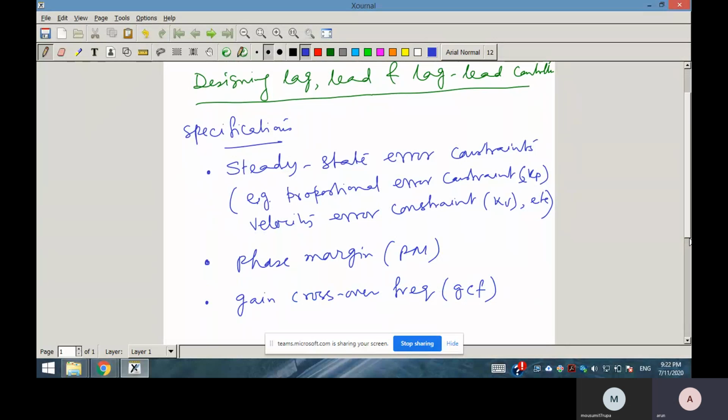If you want the speed of the response to be more, then the gain crossover frequency will be more, and vice versa. So gain crossover frequency in the frequency domain is equivalent to rise time or settling time in the time domain. All are correlated. These are all frequency domain measures, and they can be correlated to time domain measures like that.